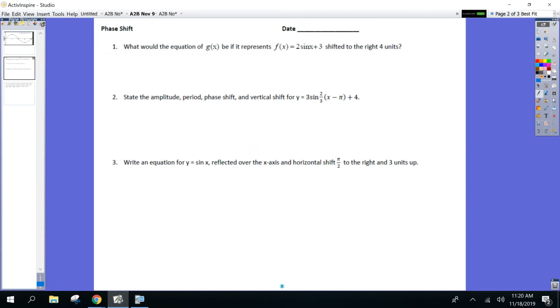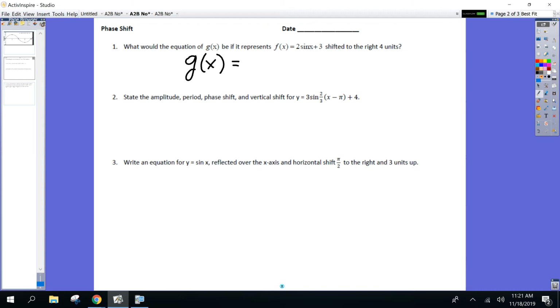Okay, so I have 2 sine x plus 3, but I want to shift it to the right 4. What's my new equation now? Take that graph, shift it to the right 4. So I'm going to have g of x, this new one, equals... is that 2 out in front affected at all?